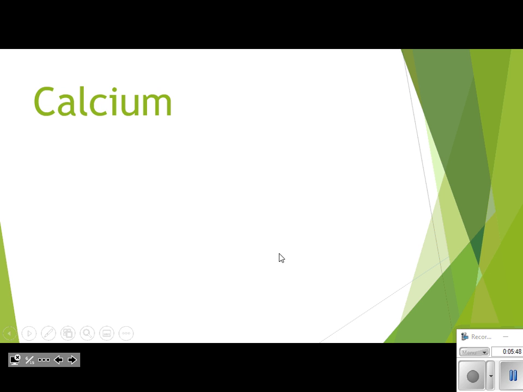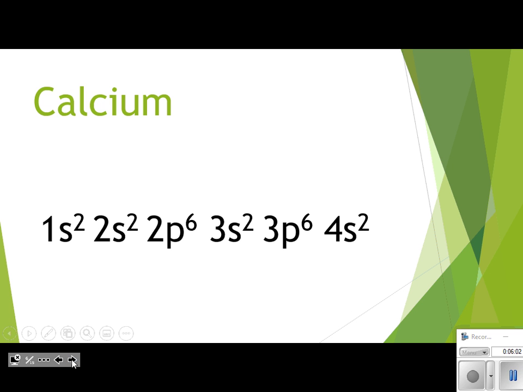Calcium. Go ahead and write calcium's electron configuration down, and we'll talk about it here in a second. For calcium, did you have 1s2, 2s2, 2p6, 3s2, 3p6, 4s2? Hopefully, once again, you did, because that is the correct electron configuration for calcium.